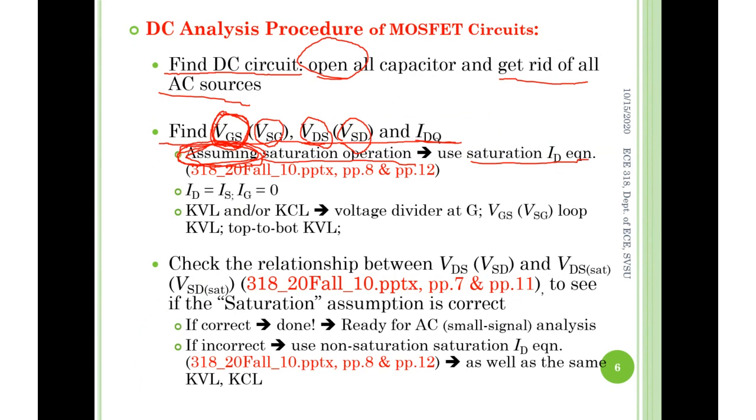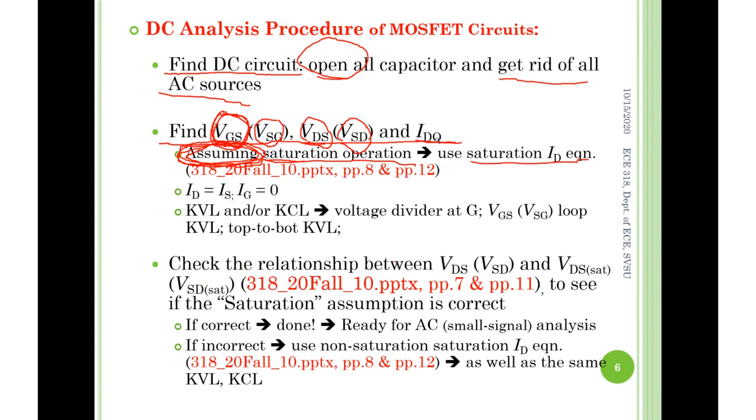At the beginning, you need to assume, just like in a diode, where you know whether it's on or off by watching the circuit. Most of the time, you don't know. At least you're not sure, right? So what we did was assume it is on, and then applied our model, right? In the diode. Here, similar. Of course, at the beginning, you have no idea whether this is saturation or non-saturation. That decision, that conclusion, is all up to your DC result.